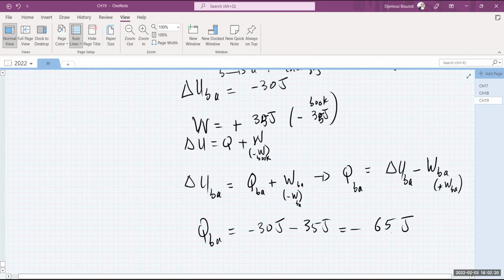So we removed 65 joules of heat from the system going from B to A, and that's understandable because the temperature went down. We cooled it by doing work on it. That's how the compressor works in your AC unit or in your refrigerator. There is a compressor behind the scenes that does work to compress the gas, and in doing so, that compressor will later remove the heat from your stuff in the refrigerator.